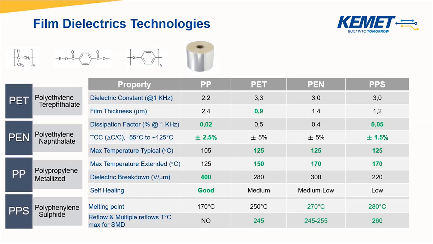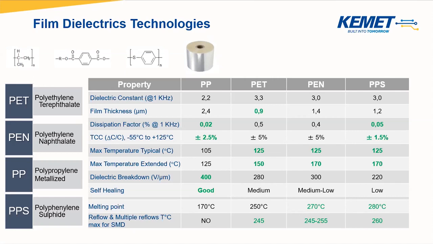The other dielectrics that can be used have different characteristics. Basically they are more withstanding of higher temperature. So they can be used for SMD mounting, for the SMD reflow profile, but have, let's say, other lower characteristics.